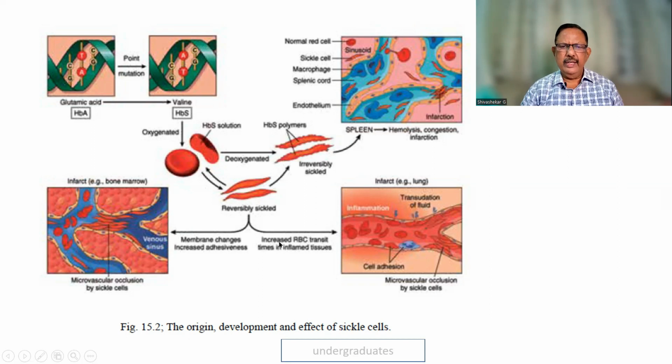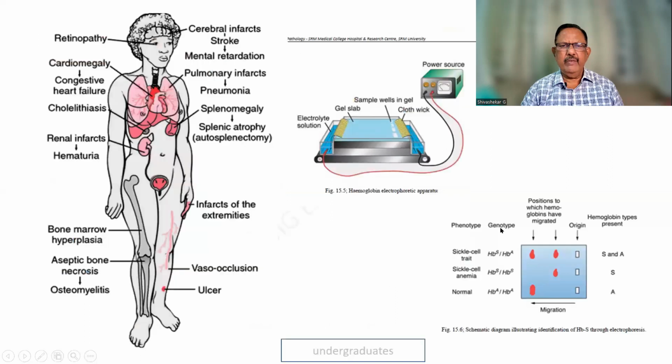All this can lead to destruction of the RBC, reversibly sickled and irreversibly sickled. And these are the various complications that can occur in sickle cell anemia: retinopathy, cardiac failure, cholelithiasis, renal infarct, pulmonary infarct, cerebral infarct, infarct of the extremities, aplasia, vaso-occlusion, leg ulcers. Leg ulcers, classical history.